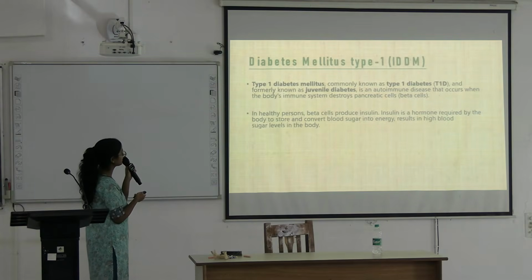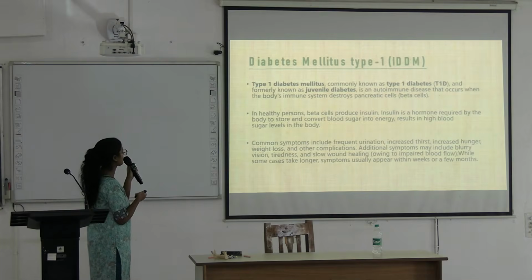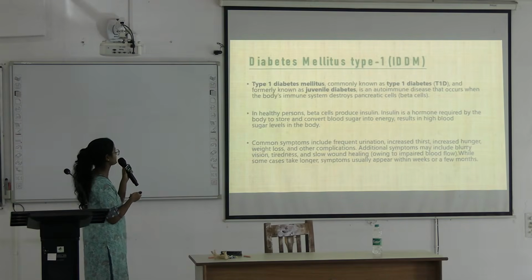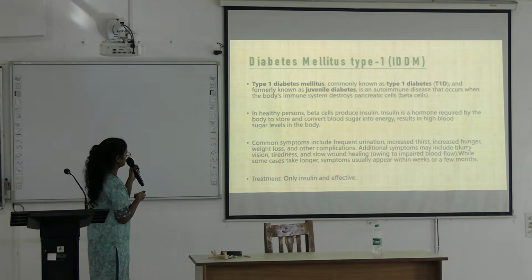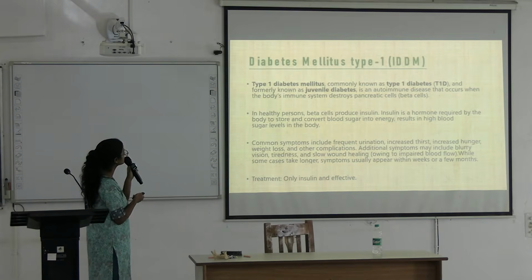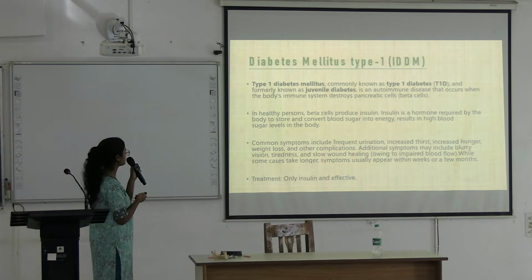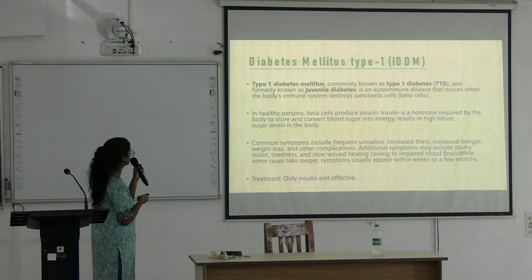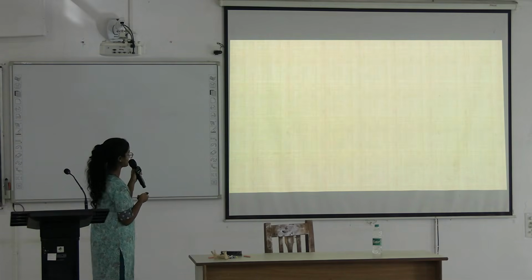The main clinical features are polyuria, polyphagia, and polydipsia. The diagnostic features are serum fasting blood glucose more than 126 mg per dl, random blood glucose more than 200 mg per dl, and glycated hemoglobin more than 6.5%.